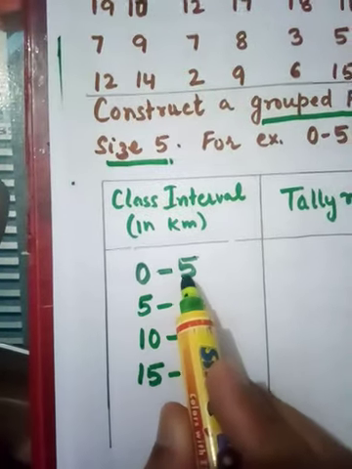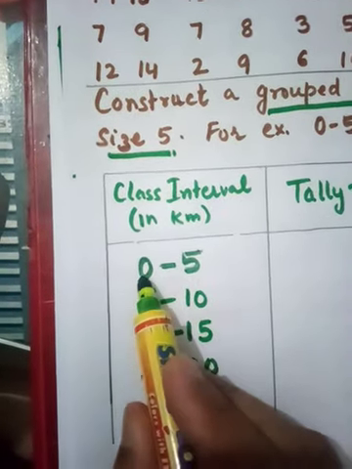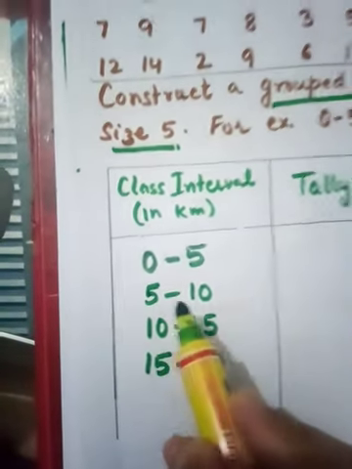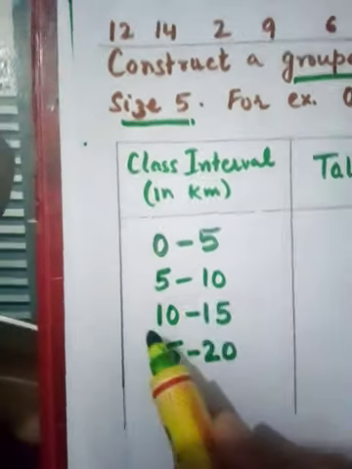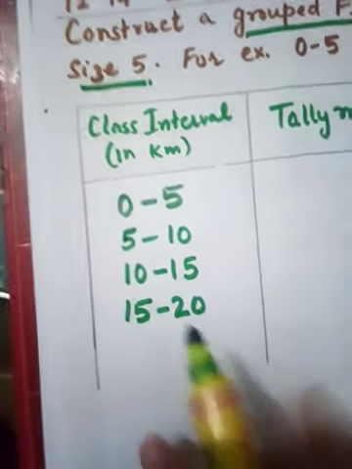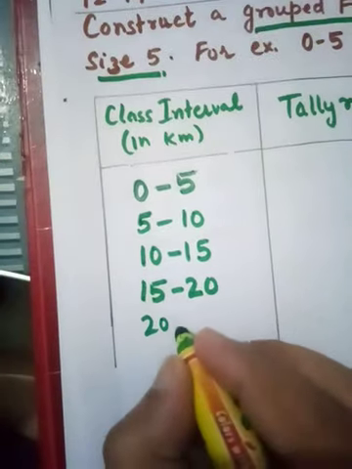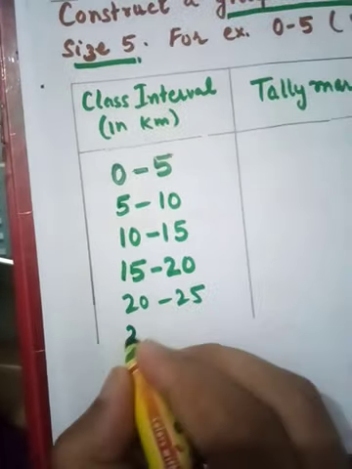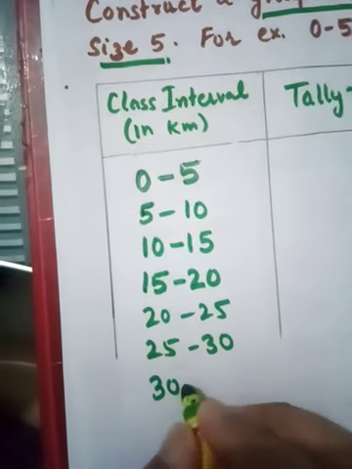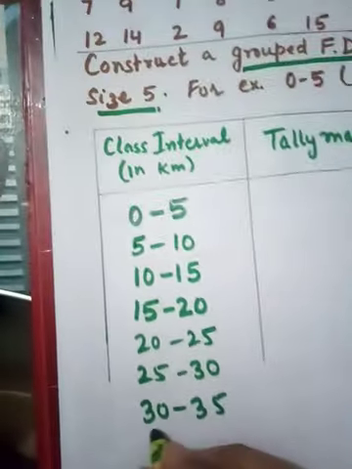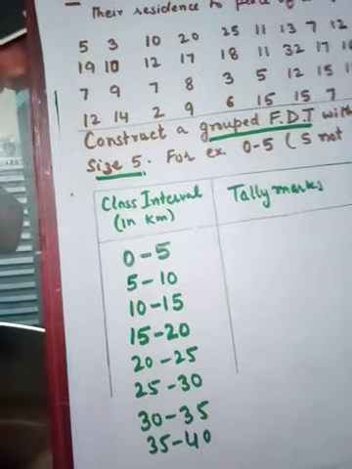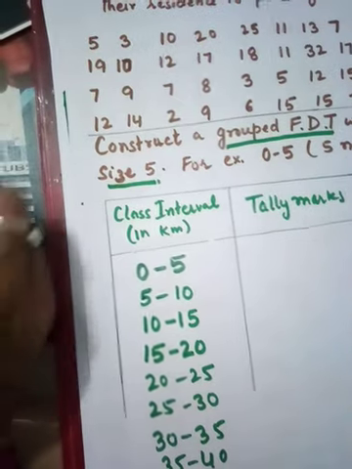Just as you started from 0 and left at 5, again start from 5 only, then leave it at 10, then start from 10, leave it at 15, from 15 up to 20, then 20 to 25, 25 to 30, 30 to 35, and 35 to 40. Okay, so up to there you are going to write.